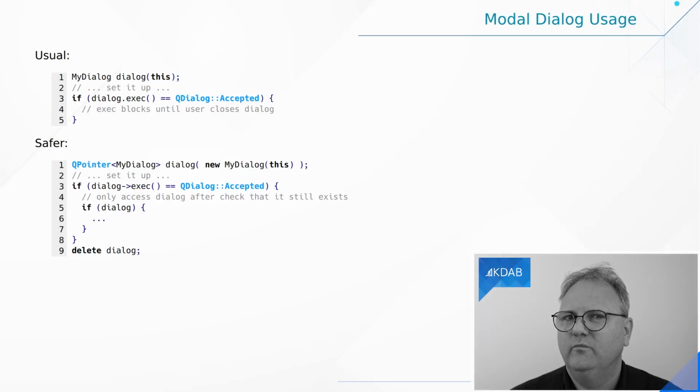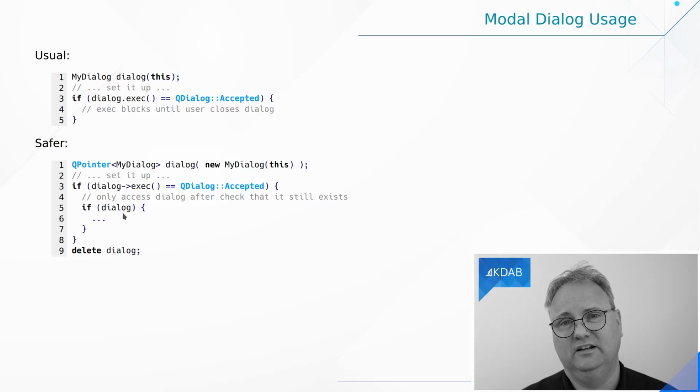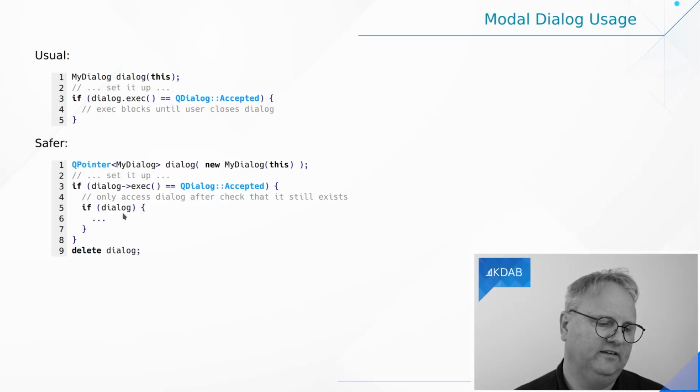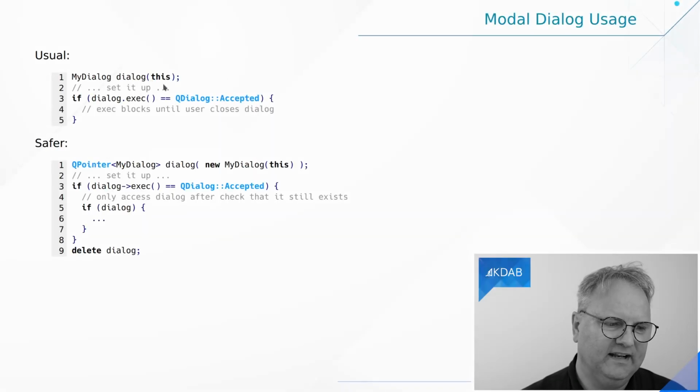And that might actually have caused the dialog to be deleted already. And well, a lot of KDE applications crashed whenever their dialogs were closed behind such a line here. But we test whether the dialog is actually still alive. And if it is, then I will use it.